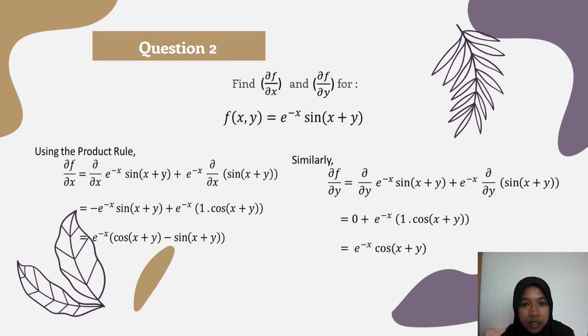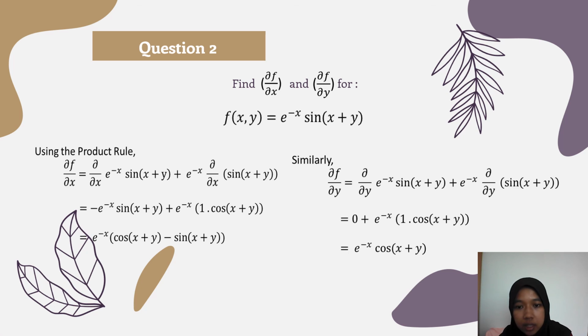Secondly, we find ∂f/∂y similarly using the product rule. First of all, we rearrange the equation into that formula, ∂f/∂y. Then, differentiating e^(-x) sin(x + y), it becomes 0.